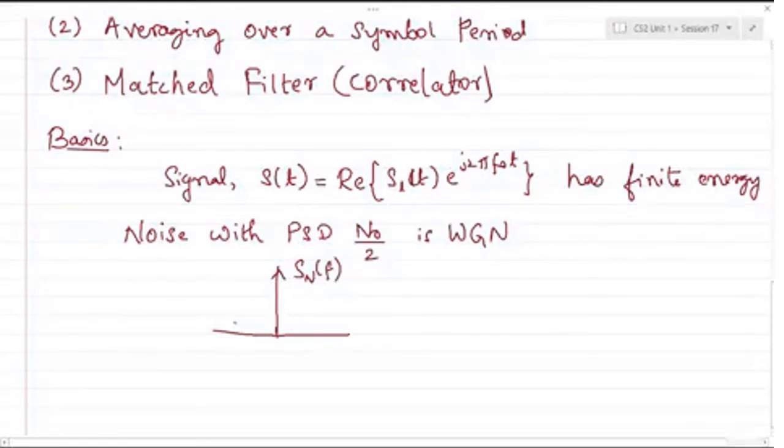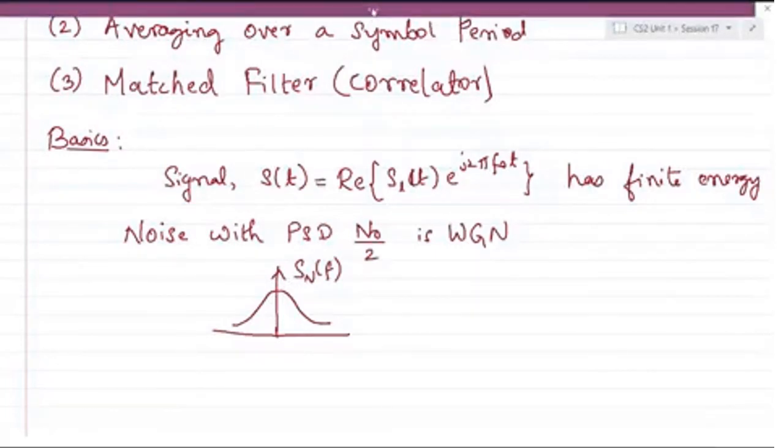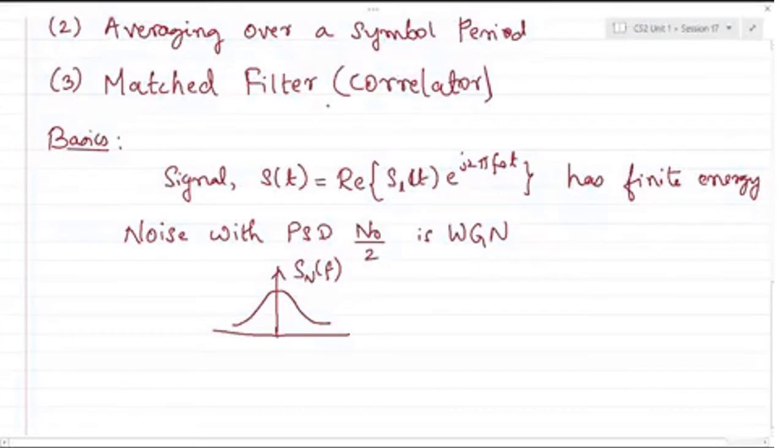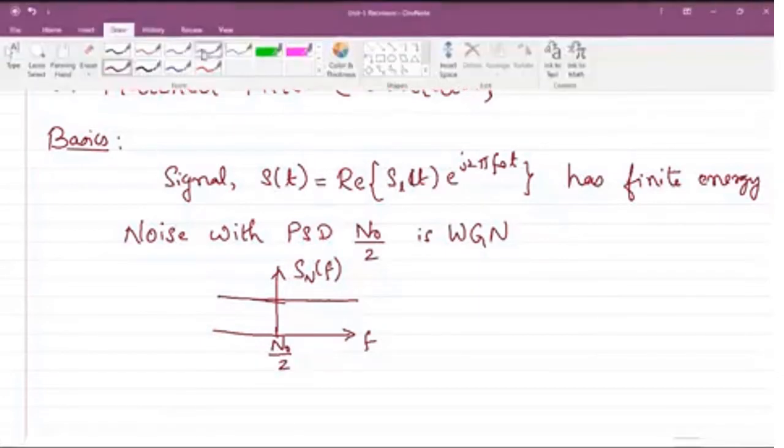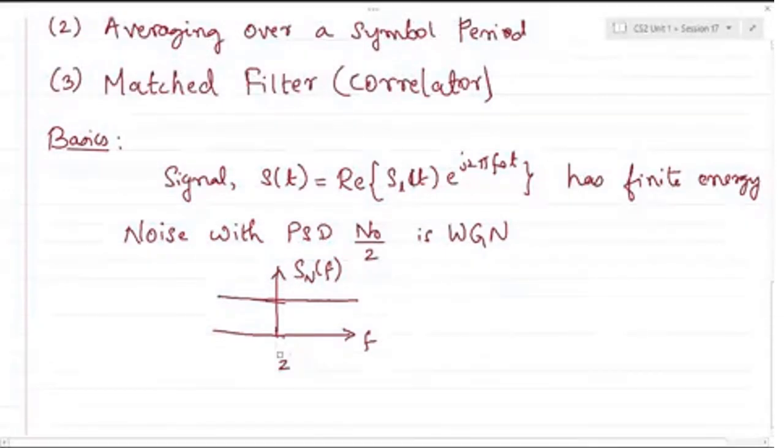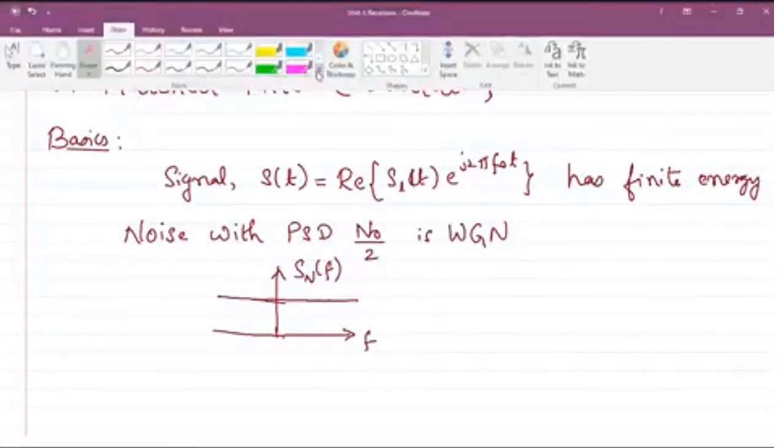Sorry, this is supposed to be flat for all the frequencies, with a magnitude of N0 by 2.